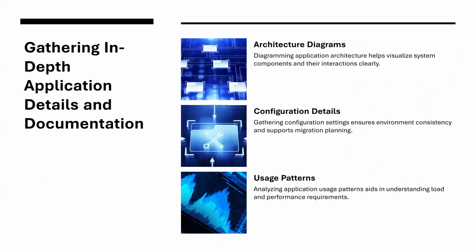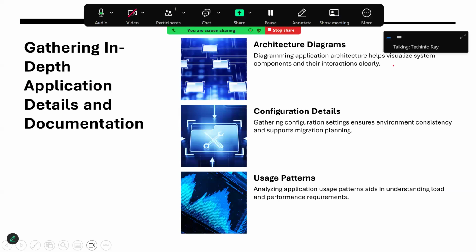Again, gather in-depth application details and documentation. You can ask for the architecture diagram I was explaining on the previous slide. This will help you visualize the application components and their interactions, and how the applications are configured at the network level, at the server level, the storage part, the database part, and how the applications are currently secured.